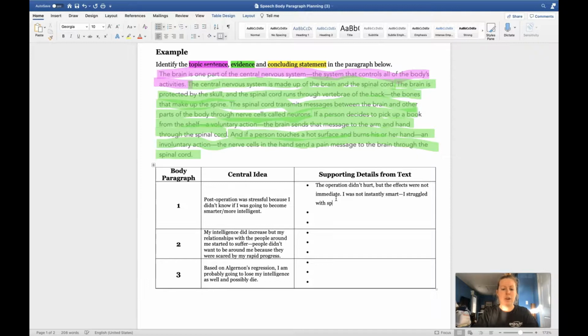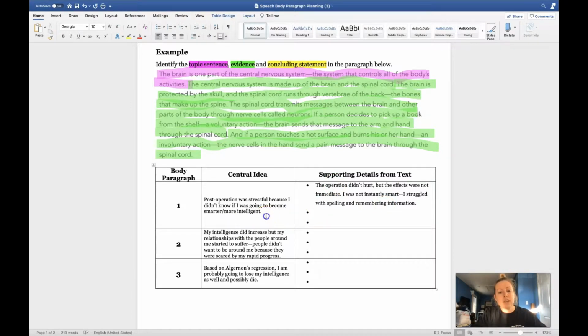I struggled with spelling and remembering information. Okay? So I didn't pull an exact quote from the text, but what I did was I put it into my own words as if I was Charlie looking back on the experiment as the more intelligent Charlie, okay? And again, I wrote it from Charlie's point of view.